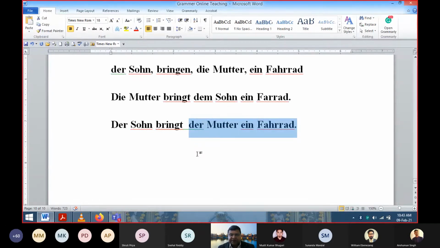This order should be maintained. If you write der Sohn bringt ein Fahrrad der Mutter, it's grammatically wrong. First der Mutter should come and then ein Fahrrad. And while translating into English, you have to readjust as per natural translation: the son brings a bicycle to mother.